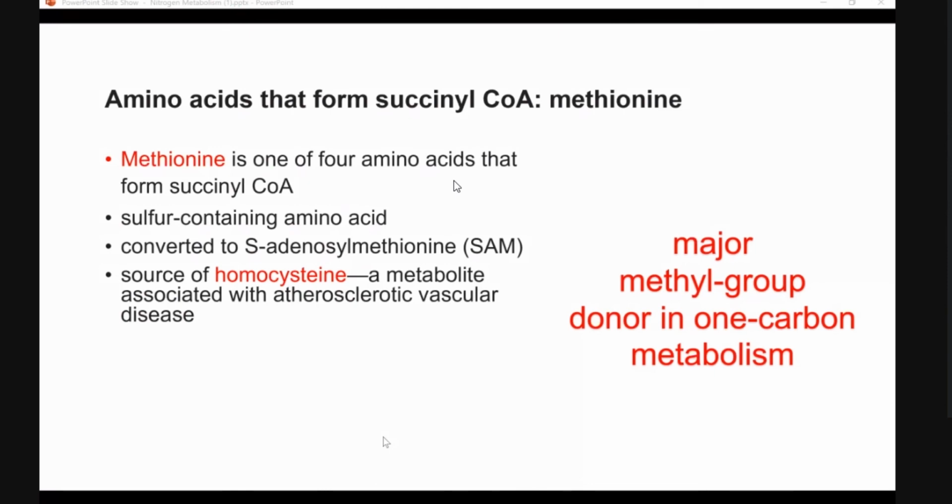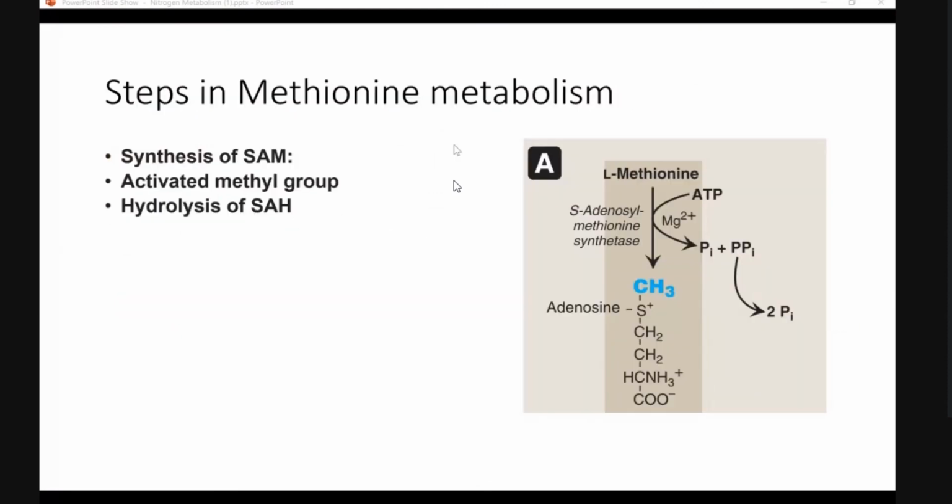انا راح ابدي بس راح انطي انوع على خطوات صغيره وتالي نكمل غدا. Synthesis of methionine. So the step in methionine synthesis: first of all the synthesis of S-adenosyl methionine by condensation of methionine with adenosine.